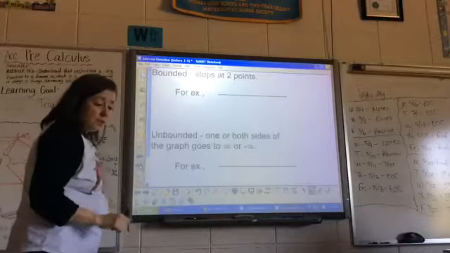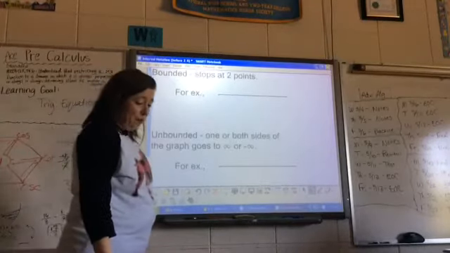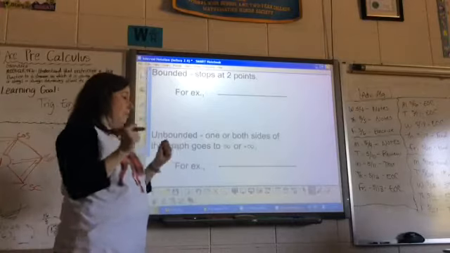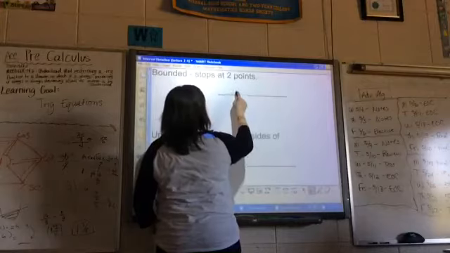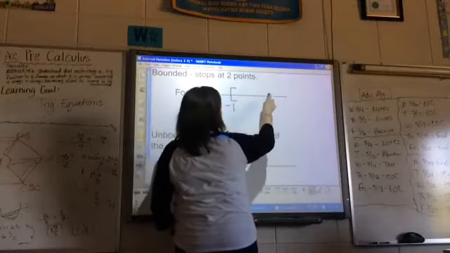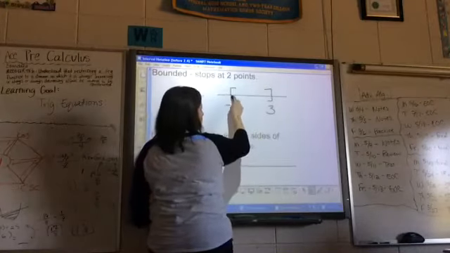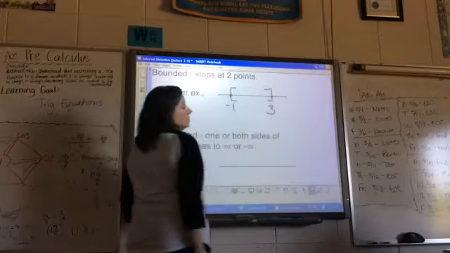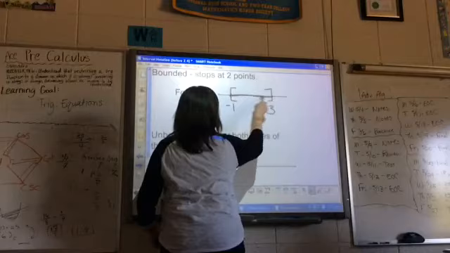Now, sometimes they'll talk about bounded and unbounded. When you're bounded, you actually stop at a point. So for instance, you might have -1 here, and you might have 3 here. If I'm stopping at those points, I'm bounded. It won't go any further. It's shaded in between.